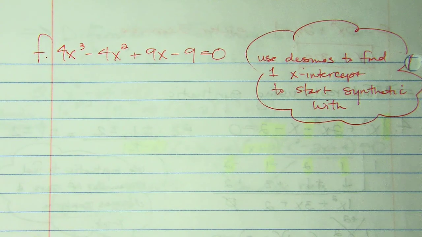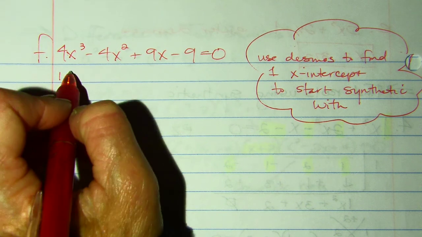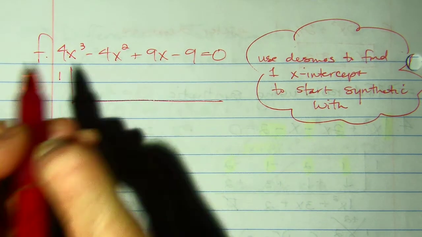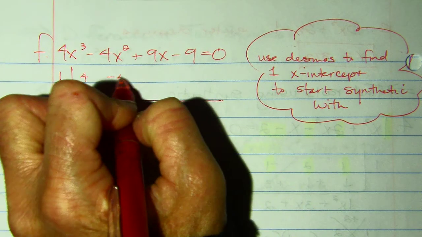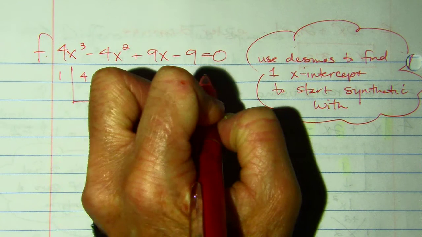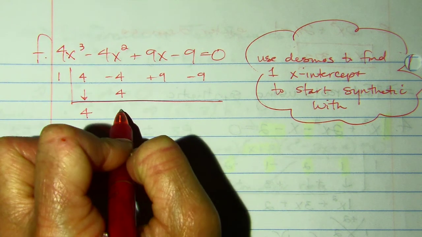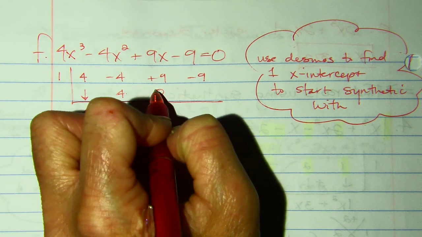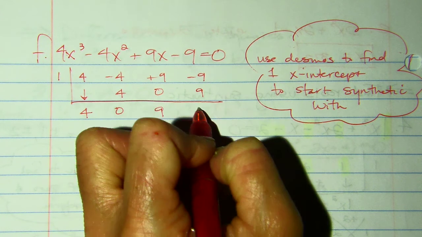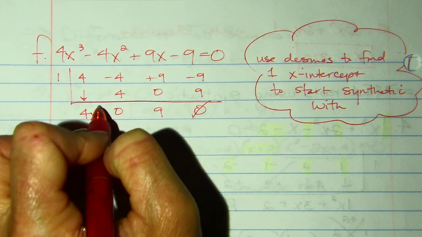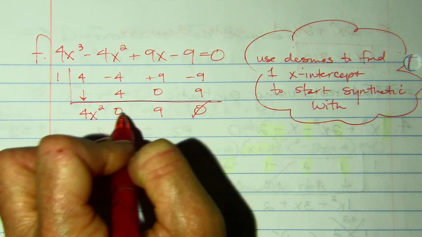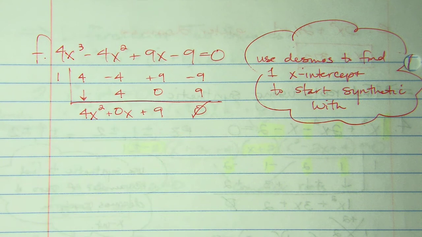And if you enter this polynomial, you'll find we should start with number 1. So I'm going to bring down my numbers for negative 4, positive 9, negative 9. Bring down the first number. 4 times 1 is 4. This gives me 0. 1 times 0 is 0. 9, 9, 0. My new polynomial is 4x squared plus 0x plus 9.